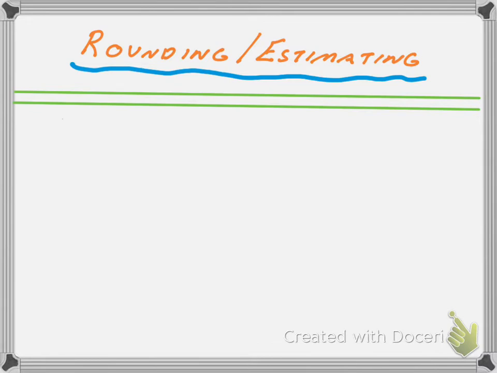So if we were to write a number like 3,125,478 and 908 thousandths, let's talk about places. If we begin to go through the places, the 8 is the ones place.